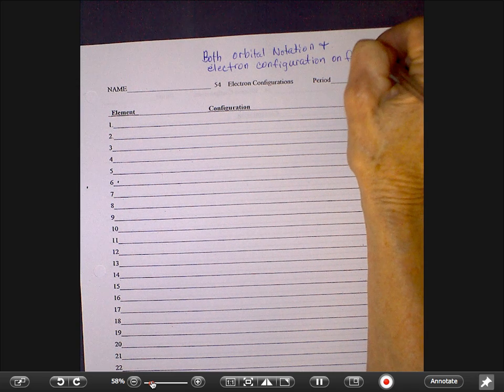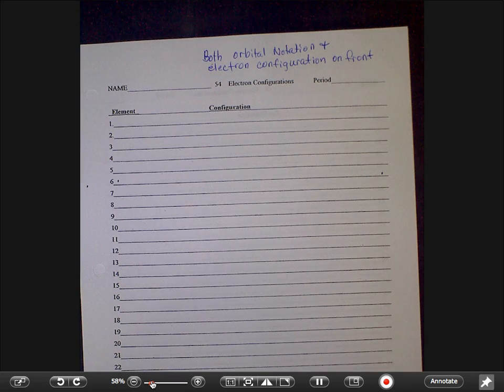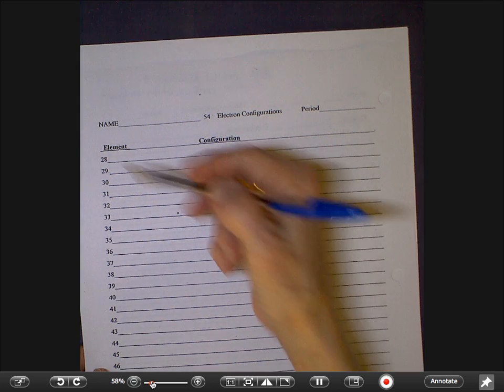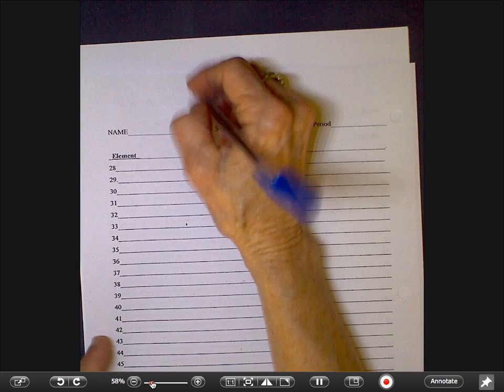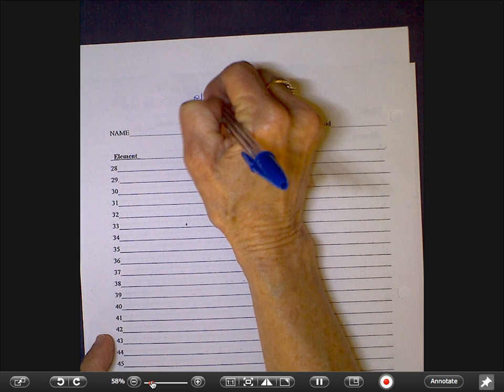Now, you're going to do both, and I'm going to do at least half of the paper with you. Turn over to the back. On 28 through 54, you're only going to do the electron configuration.